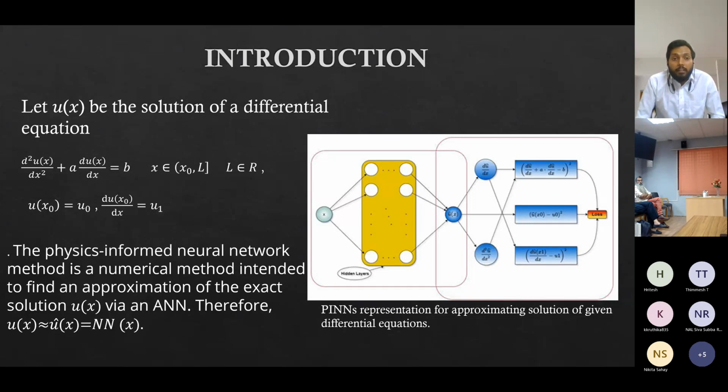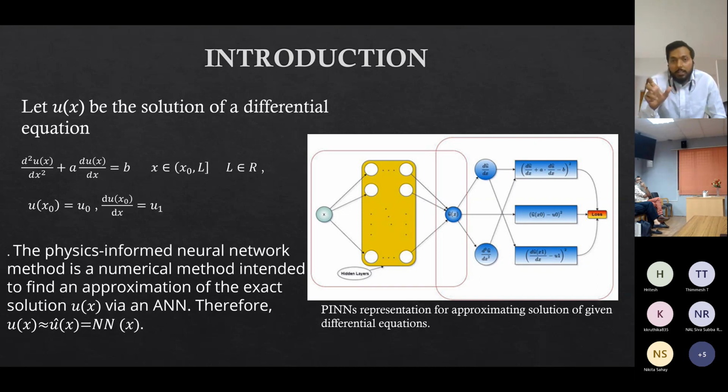So this is the example of second order differential equations, where we try to solve this differential equation using PINNs. Here there are two blocks which you can see in the PINN representation. The first block represents the basic backpropagation, and the second block, in which blue color small blocks are there, is the basic PINN. In backpropagation techniques, we first train the network, and then we apply the physics in the second block, which is represented in blue.